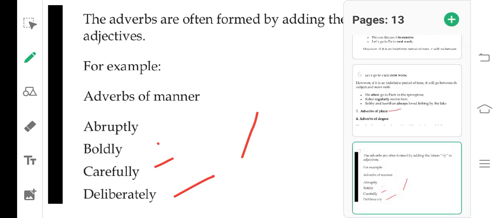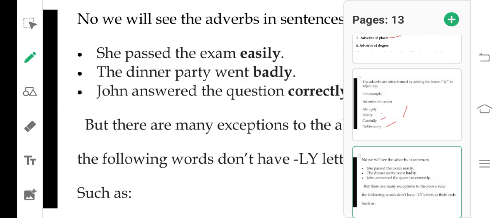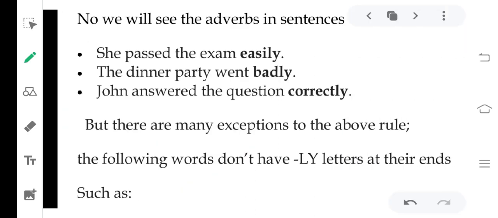Now we'll see the adverbs in sentences. She passed the exam easily. The dinner party went badly. Johnson answered the question correctly.